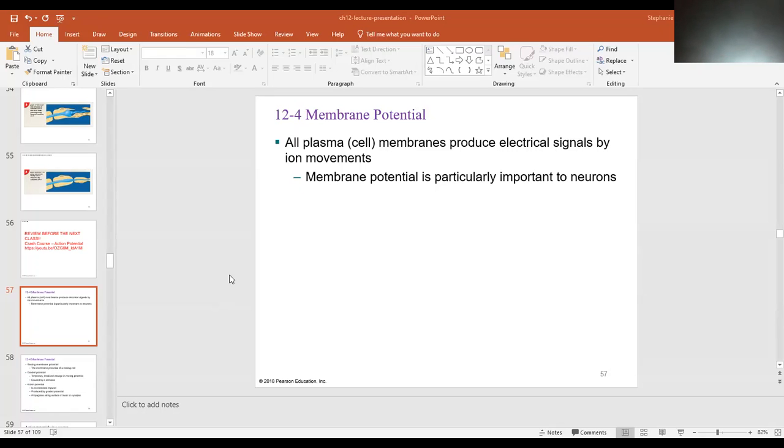So membrane potential, specifically for the neuron, is the ability for a neuron to take an action. We'll be talking about how the neuron's membrane is going to affect its ability to act.